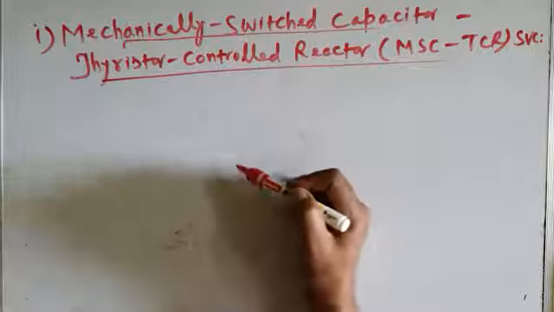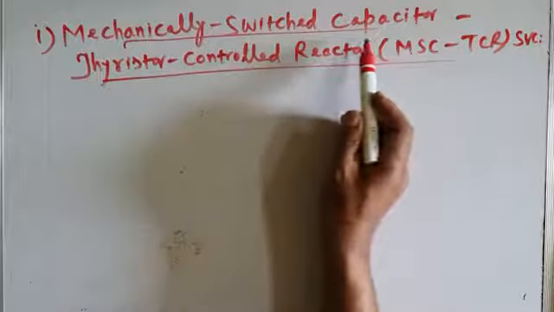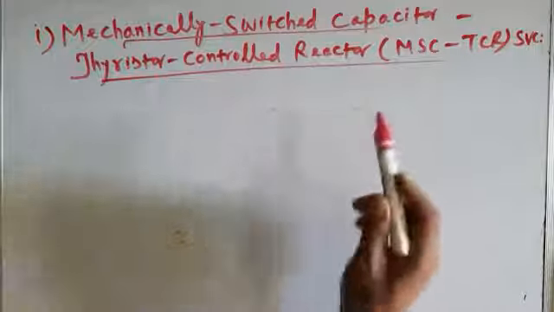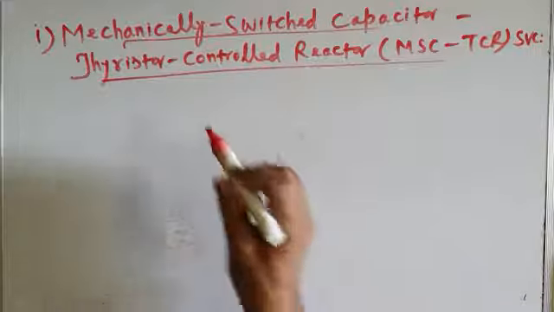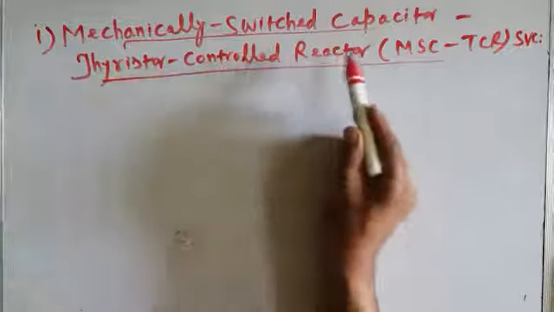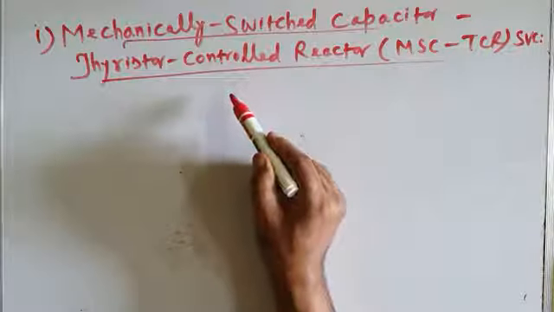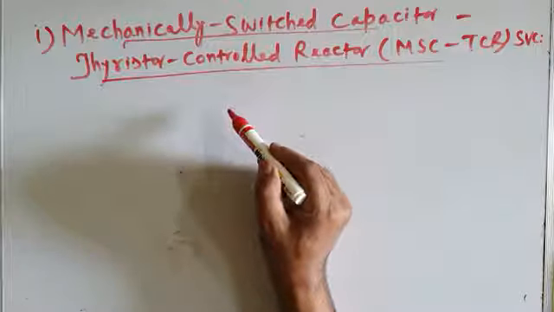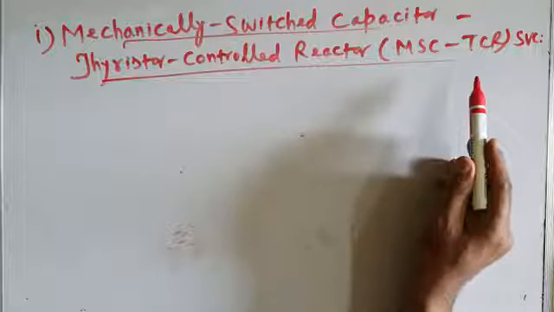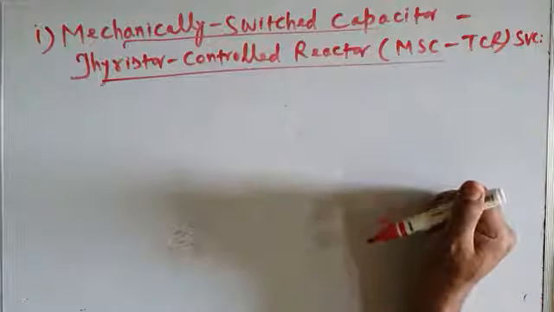Because a mechanically switched capacitor bank is cheaper than a thyristor switched capacitor bank. Okay, MSC is cheaper than TSC. So therefore, in those applications where only a few switchings per day are involved, this MSC TCR type SVC offers lower costs than an equivalent TSC TCR type SVC.